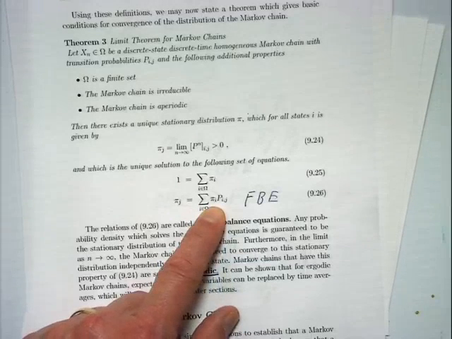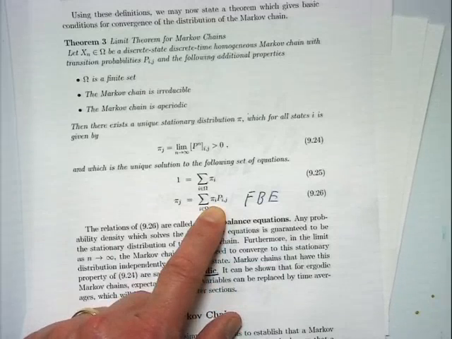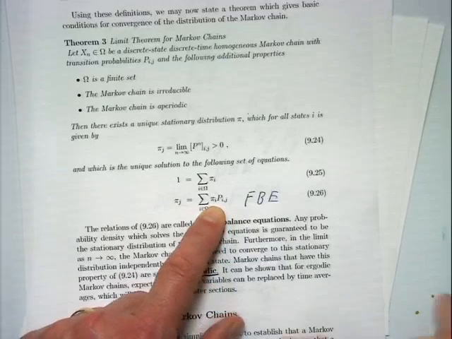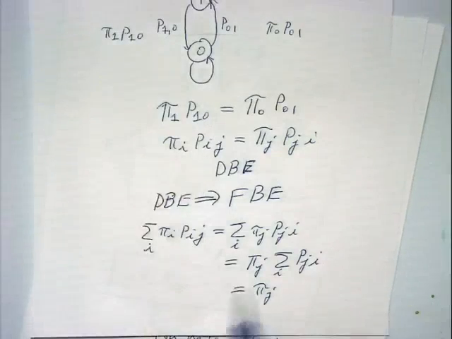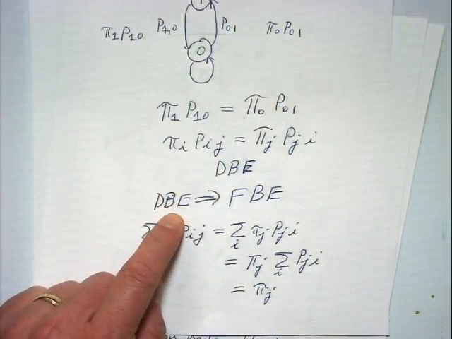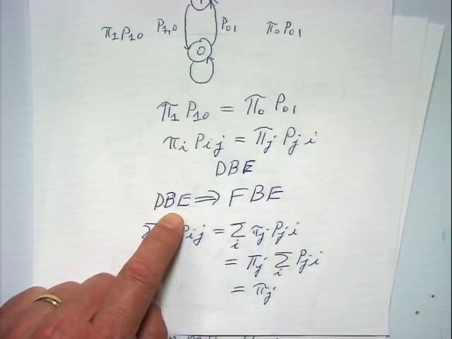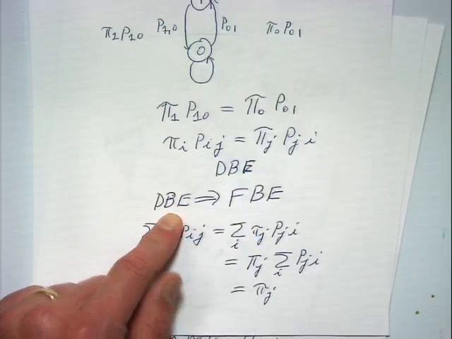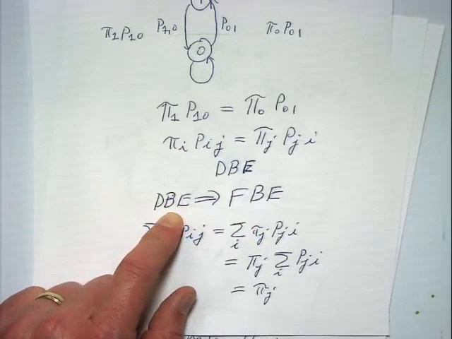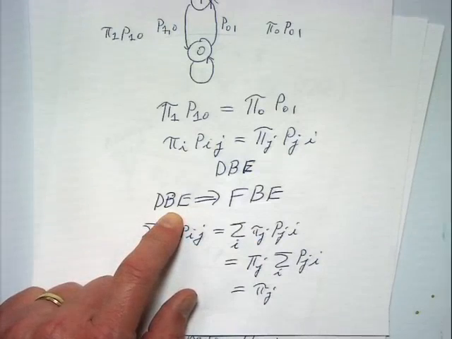So it's hard in general, but sometimes it's easy. One of the ways it's easy is when you can find the detailed balance equations. If you can find a solution to the detailed balance equation, you can't always find it, but sometimes you can, and when you can, that gives you the answer to the full balance equation. It's the steady state.